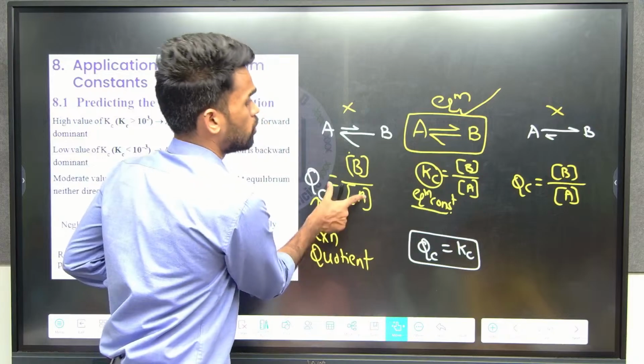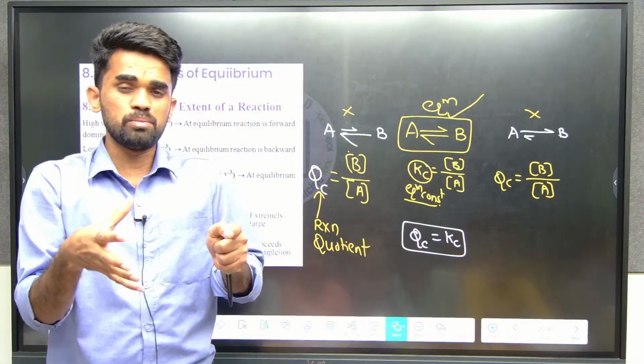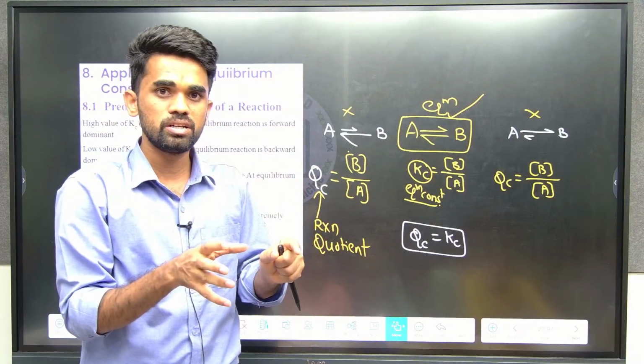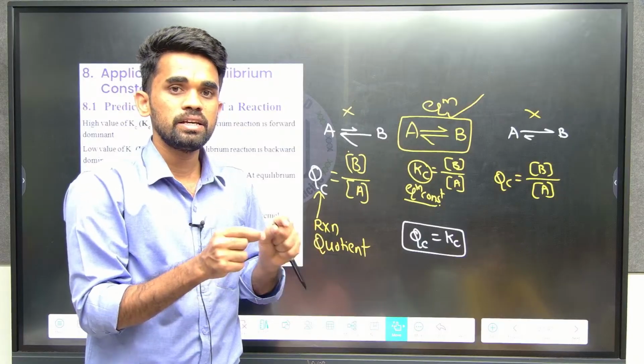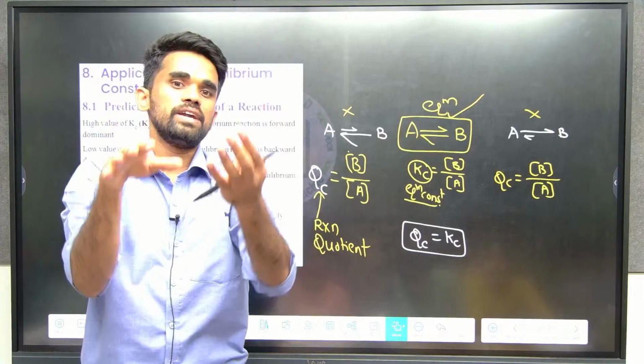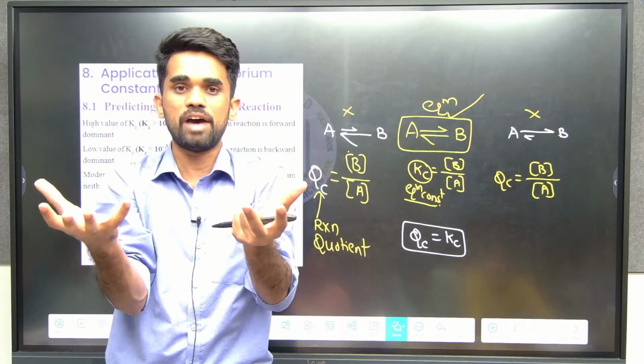Okay, so now you need to know, in a chemical reaction, the most stable state is the equilibrium state. You also observe this in daily life. For example, you have two containers, one with more water and one with less water.